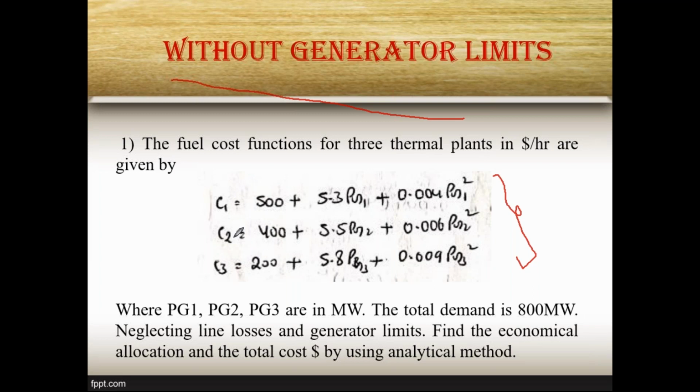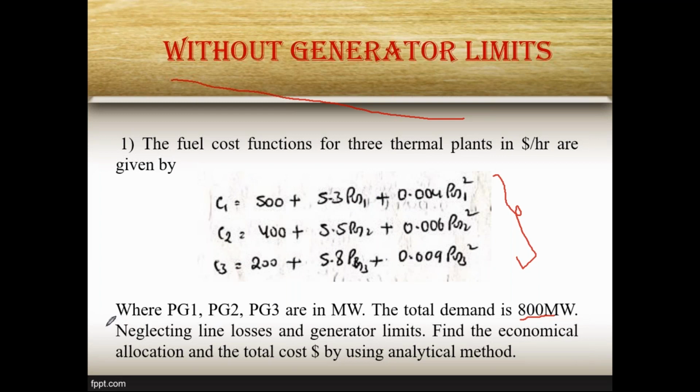By using these three plants, we have to schedule to deliver the total demand, where PG1, PG2, PG3 in megawatt are the power generated by the three stations, and together they have to deliver 800 megawatt. Our aim is, out of 800 megawatt, to find the contribution of each power plant: what amount PG1 has to generate, what PG2, and PG3.